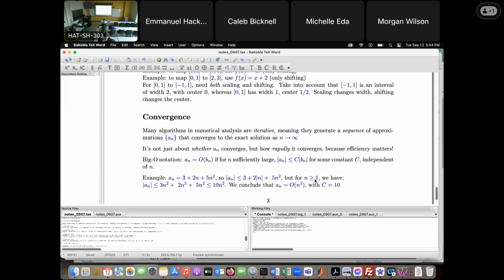But suppose n is greater than or equal to 1, and we here care about n being natural numbers. Then I can make this simplification. I can say an is less than or equal to, I can use the highest power of n throughout, because if n is greater than or equal to 1, then n is less than or equal to n squared.